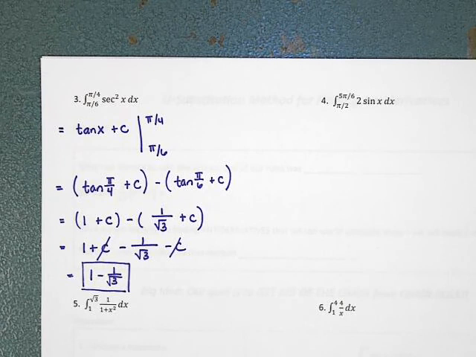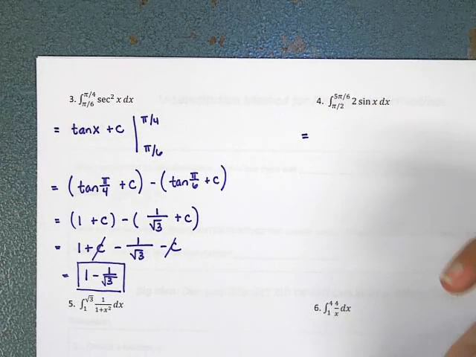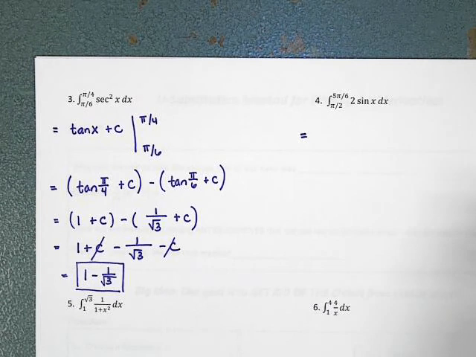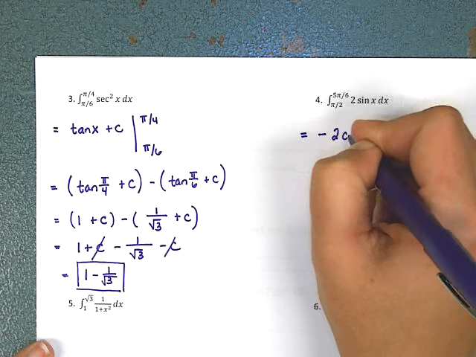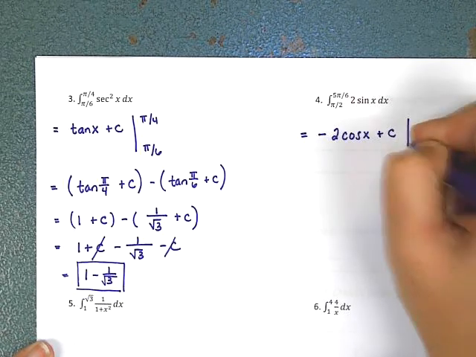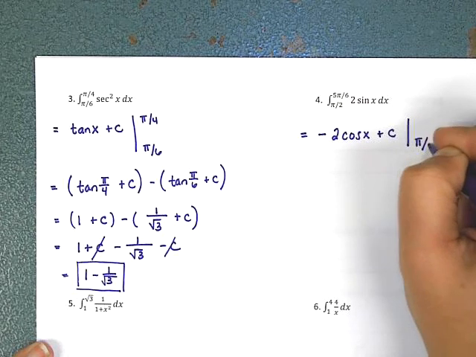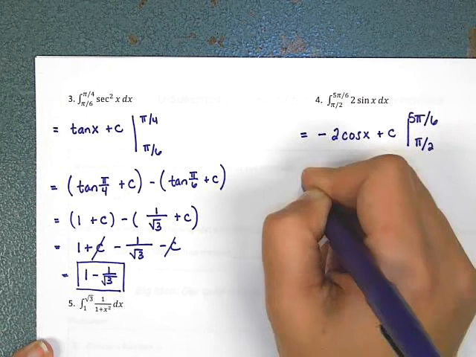For number 4, if I evaluate this integral, I'm going to need the antiderivative. The antiderivative of sine is negative cosine. So we would have -2 cosine of x plus c evaluated between pi over 2 and 5 pi over 6.